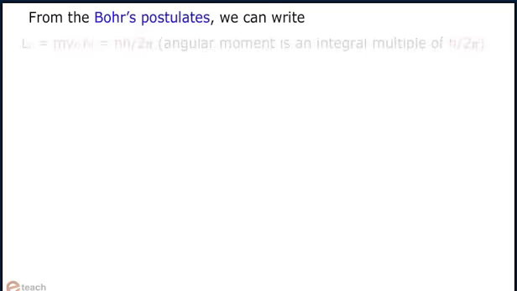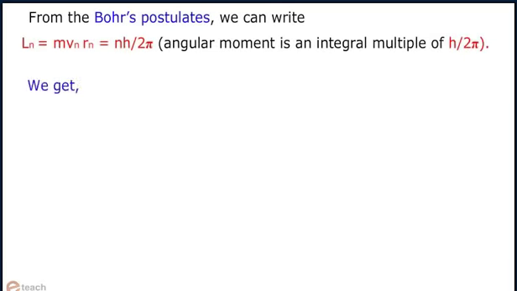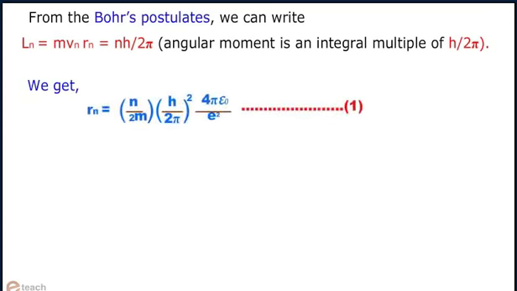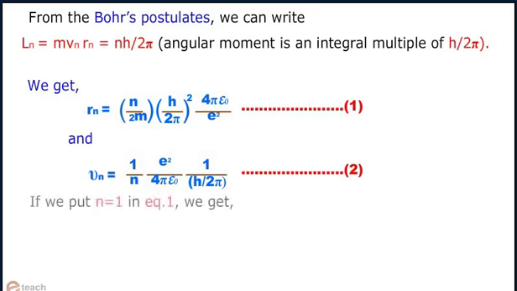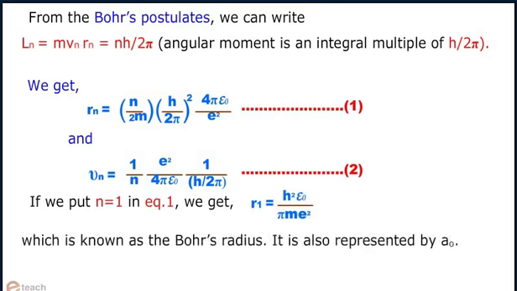From the Bohr postulates, we can write L_n equals m v_n r_n equals nh by 2 pi. Angular momentum is an integral multiple of h by 2 pi.